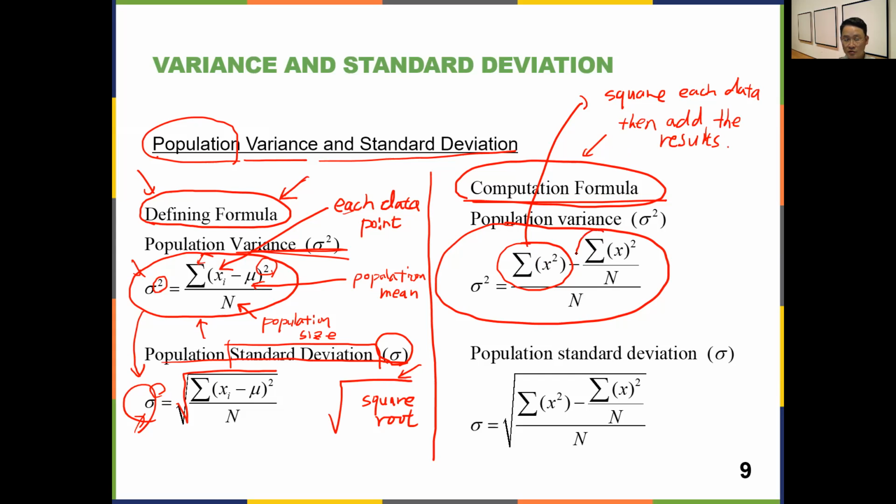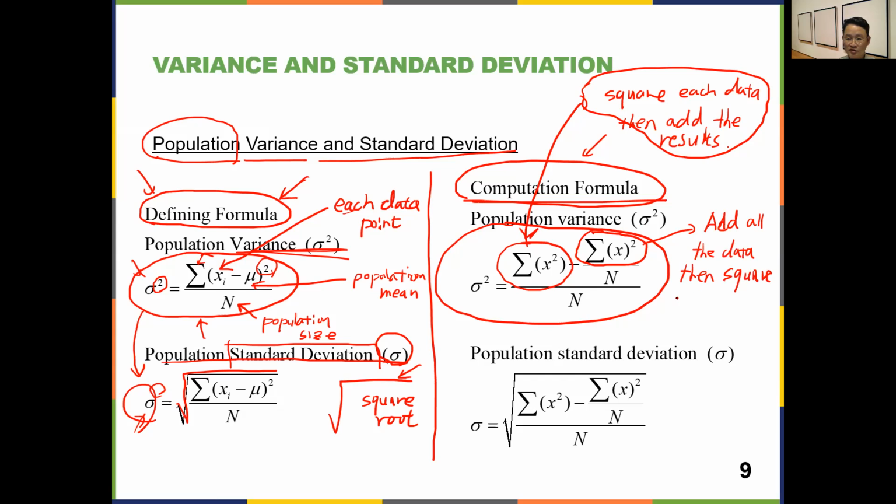What about this part right here? Circle that, this one right here. This part is add all the data, then square the sum.